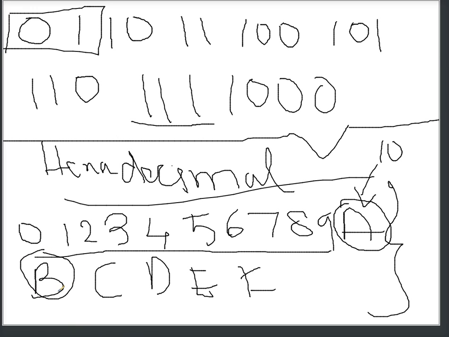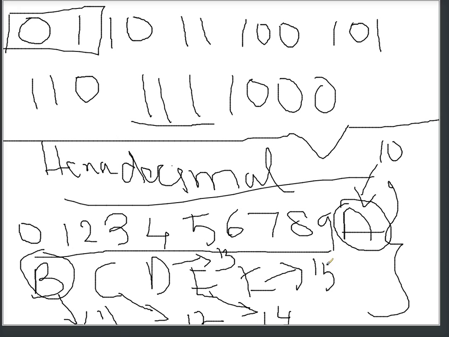And B will be the decimal equivalent of 11, C will be 12, D will be 13, E will be 14 and F will be 15. You have to remember this.